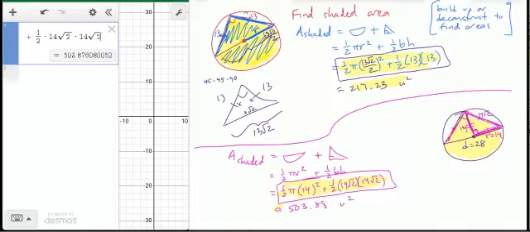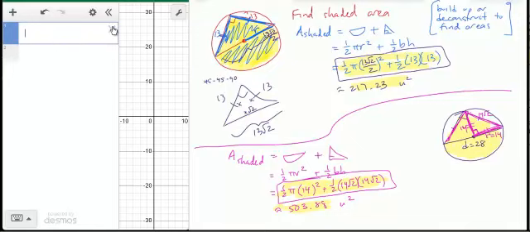It's once again square units if you're measuring those. All right, so this would be an example of constructing it up or building it up from the individual parts.